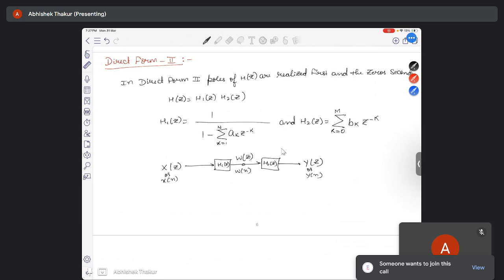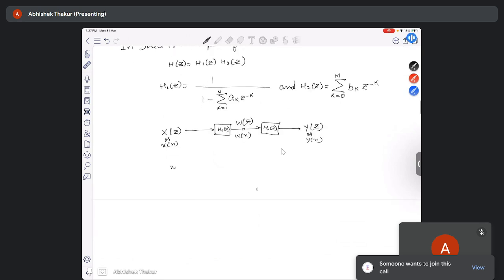So here our intermediate sequence w(n) is summation k equals 1 to N of a_k w(n minus k) plus x(n), and y(n) is equal to summation d_k w(n minus k).